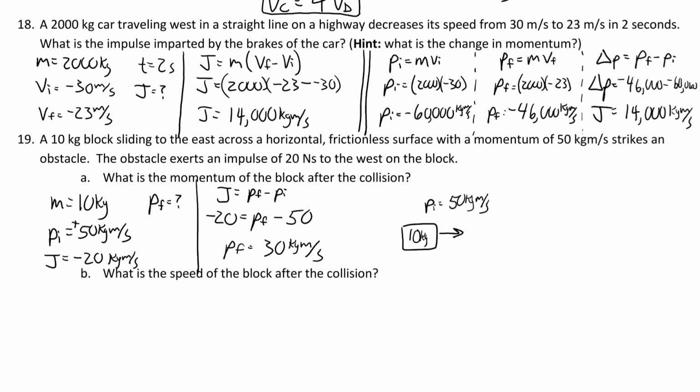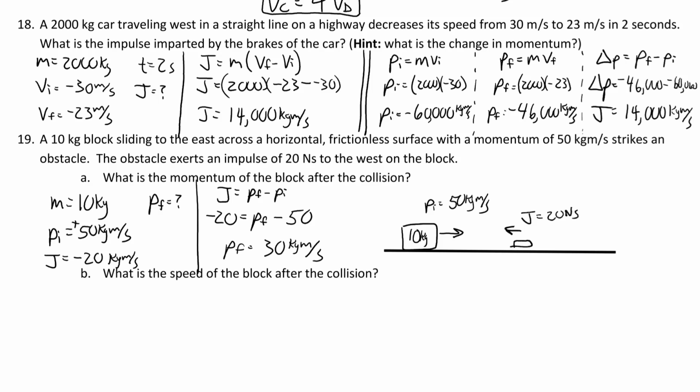And it's on a frictionless surface, and then it strikes an obstacle. So you have this little obstacle here, and it imparts a 20 Newton second impulse west. So now you have an impulse acting west of 20 Newton seconds.